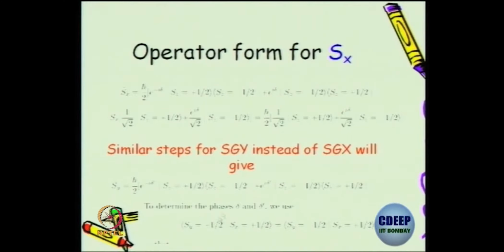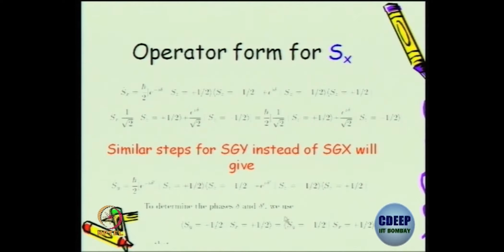So now to determine the phases delta and delta prime, we can also do the superposition, the Stern-Gerlach, first along x and then along y. Again you will have equal intensity. So in the superposition of an Sx state, there will be equal components of Sx equal to plus half and minus half in a specific Sy state, or vice versa.